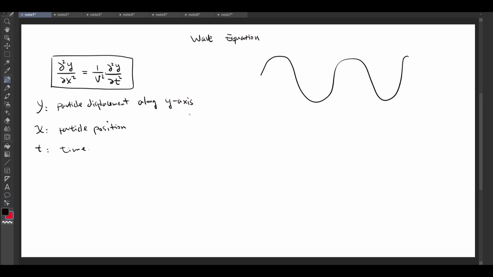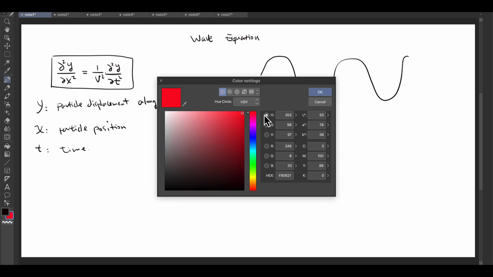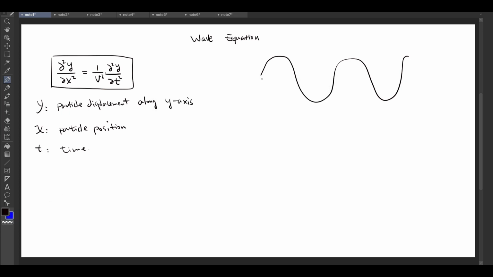Now let's see the coordinate system. Let's say that's the x-axis, and here's the y-axis.